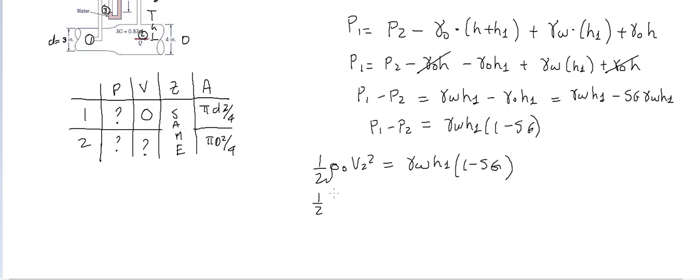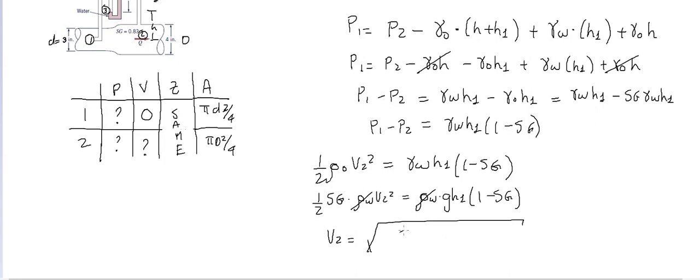We have 1/2 Sg rho of water, V2 squared, is equal to rho of water times g H1, times 1 minus Sg. Notice that we cancel the density of water on both sides, and we solve for the velocity at point 2. V2 simply becomes the square root of 2g H1, 1 minus Sg, divided by Sg. We substitute all the values and make sure that you have the proper units, and you should get 2.10 feet per second.